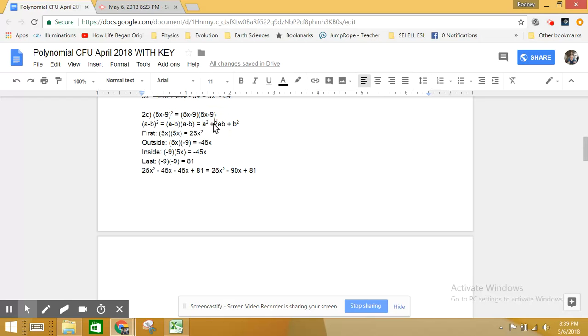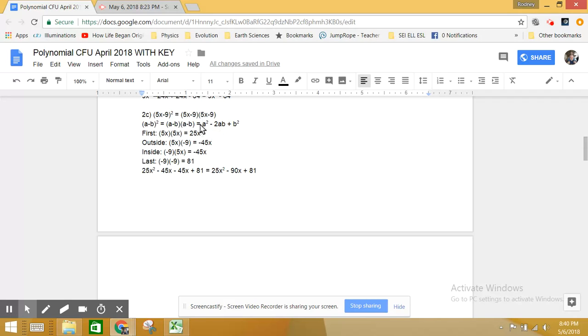And then my middle is going to be minus ab minus ba, and ba is the same as ab. So minus ab, which is minus 2ab. Okay, so if you can remember that structure, that's going to help you out a lot with these sorts of problems and with a lot of other similar ones.